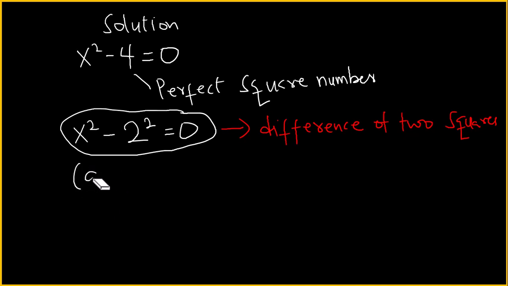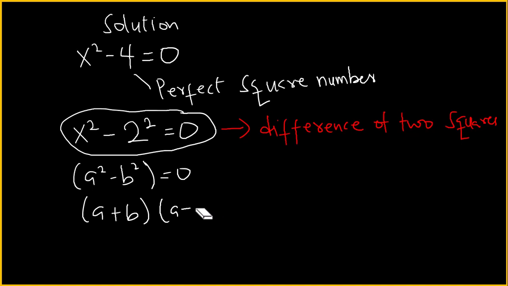The simplified form, anytime you encounter this, a² minus b² equals 0, is expanded as (a plus b) multiplied by (a minus b) equals 0. So we are going to write our expression x² minus 2² in separate brackets.